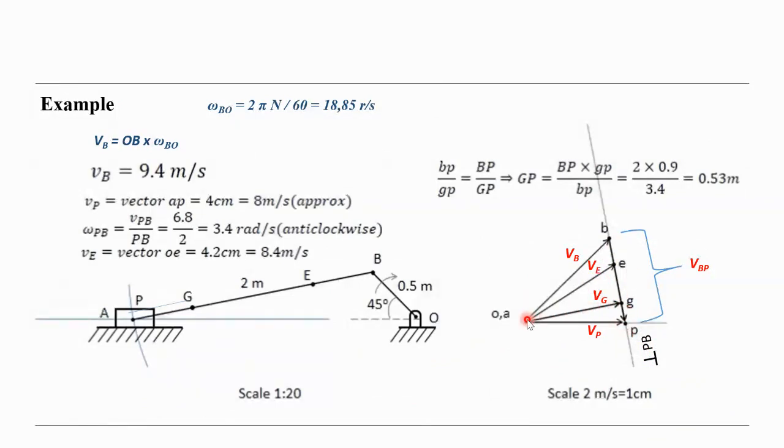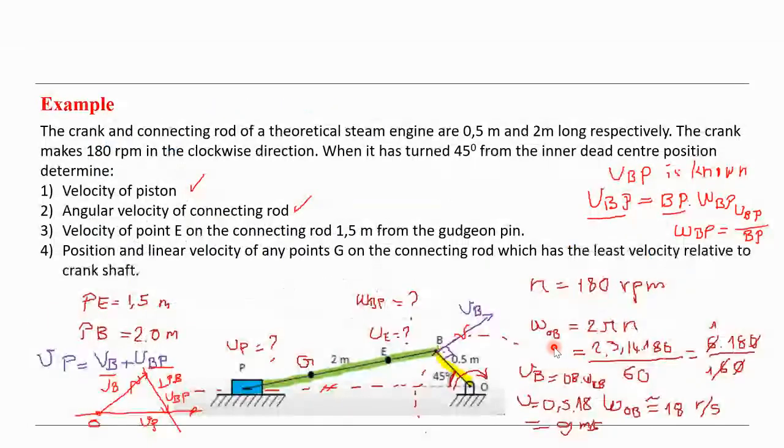We can find it somewhere here or there. It depends. So it is the least velocity, but how much we don't know.